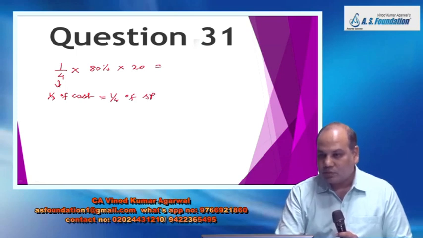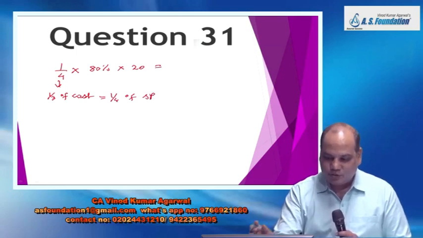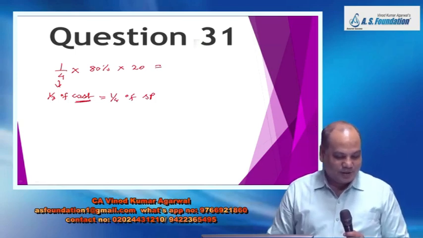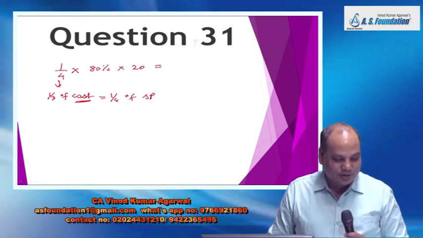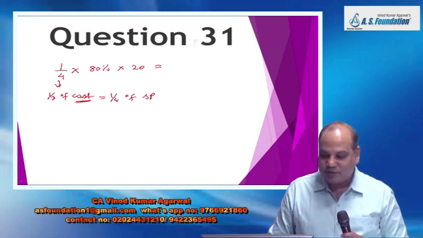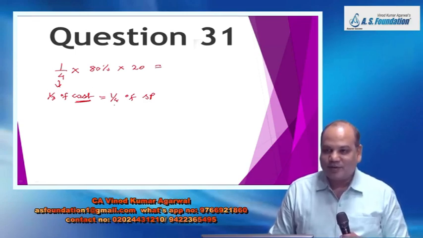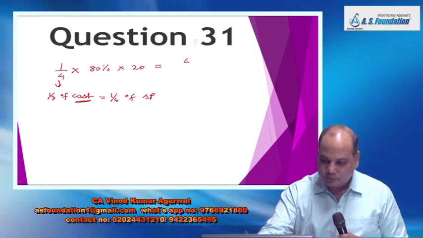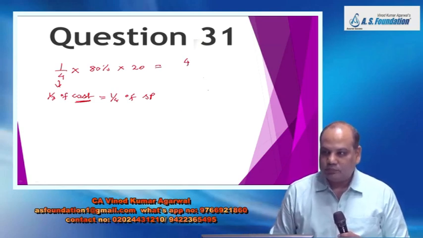Anything, whatever we will do, there will be a question mark. If I take 1/4 of selling price, 1/3 of selling price, again the assumption. How much does it come to? 20 into 80% into 1/4, that is 4.